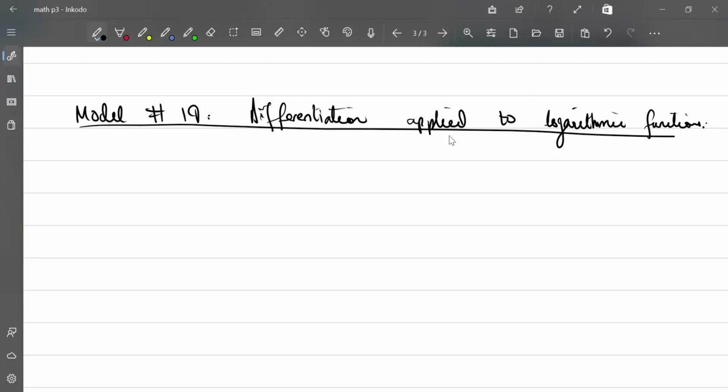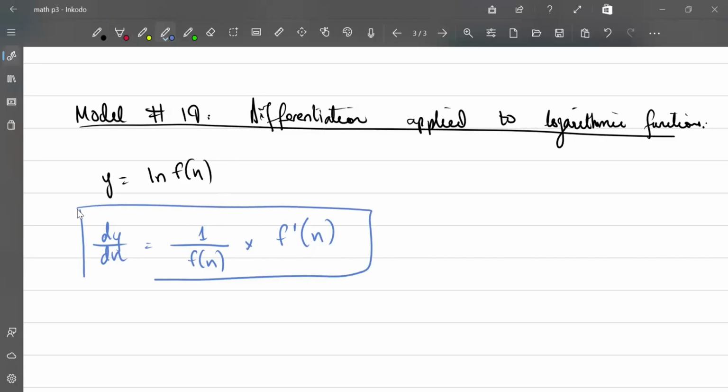I will start off with a general rule this time. When y is equal to ln f(x), the general rule is that dy/dx would be 1 upon f(x) into f'(x). This is the general rule that you should be remembering.